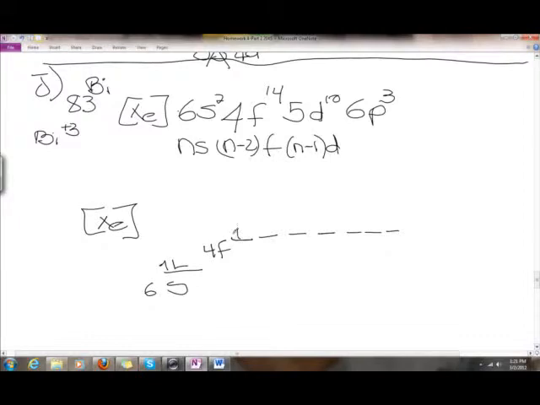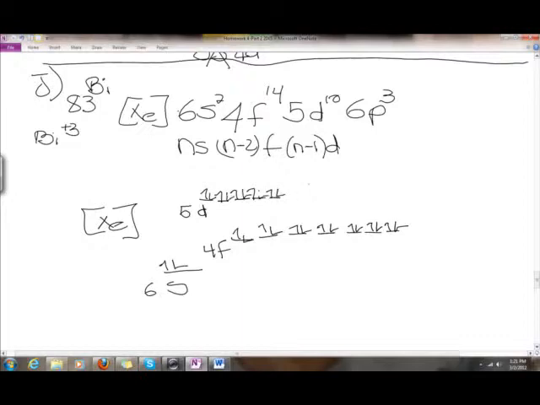No, let me fill it out the right way, just in case. I don't want to then hear that I confuse you more. 1, 2, 3, 4, 5, 6, 7. So it's 14. Then we go back to the 5D. 1, 2, 3, 4, 5, 1, 2, 3, 4, 5. This is all the valence.